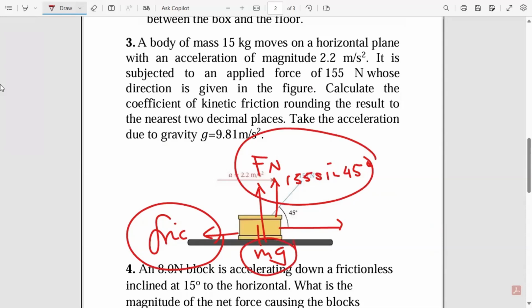So I'll say our normal force, Fn, plus 155 sine 45, this is 109.6 or so, plus 109.6. This should be equal to mg, which is 15 multiplied by 9.81. This is 147.15.